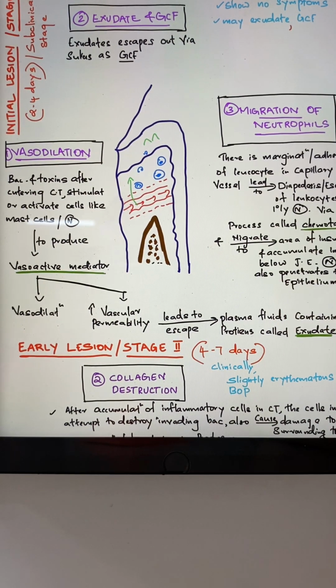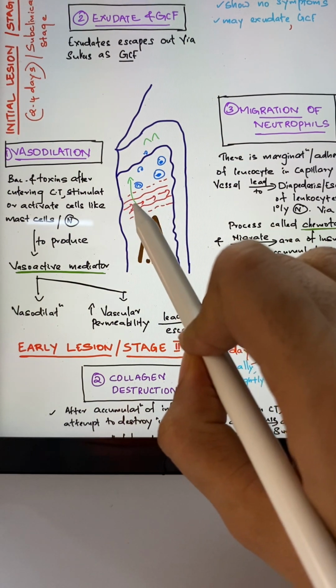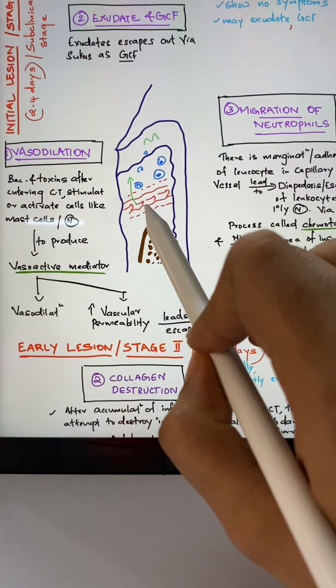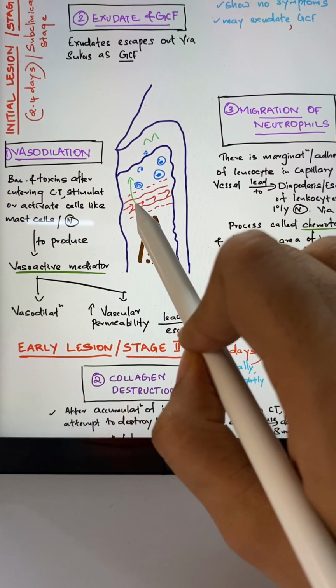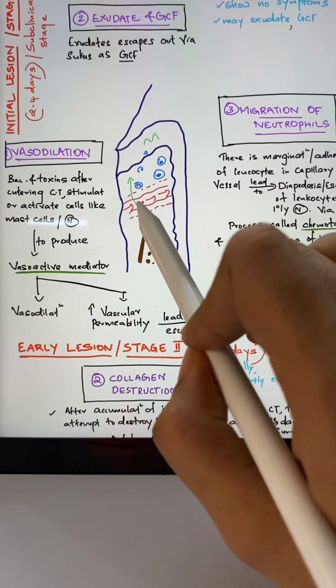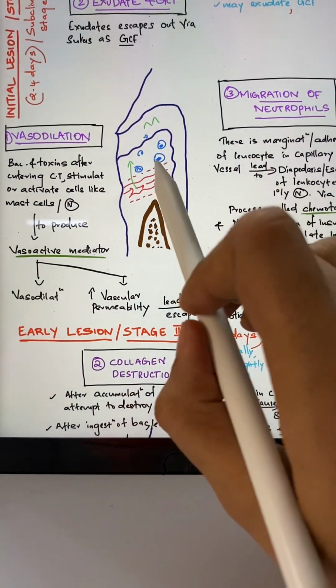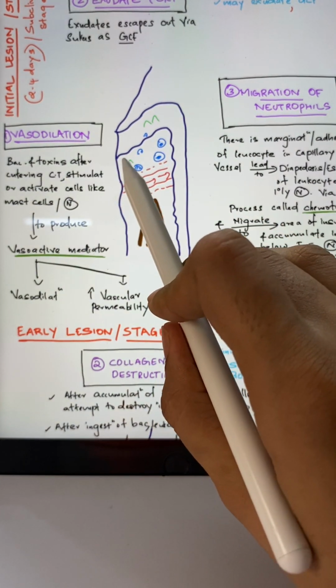There is margination or adherence of leukocytes in the capillary vessel that can lead to diapedesis, or escape, of leukocytes, primarily neutrophils, via the process called chemotaxis, and they migrate to the area of insult and accumulate in the connective tissue, especially below the junctional epithelium.